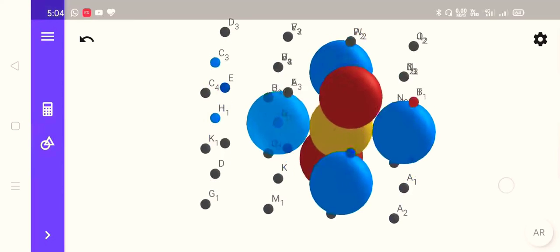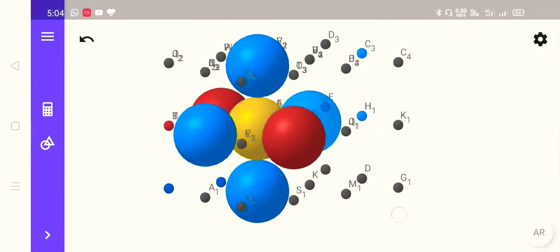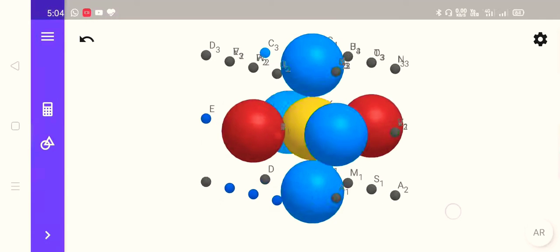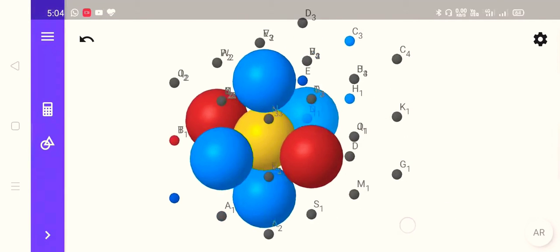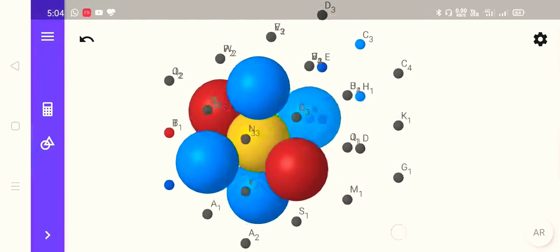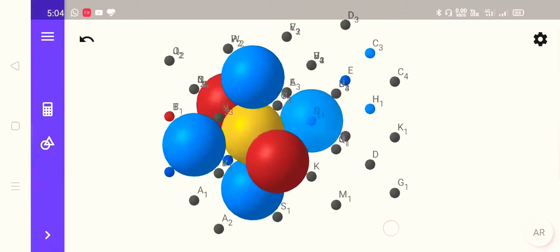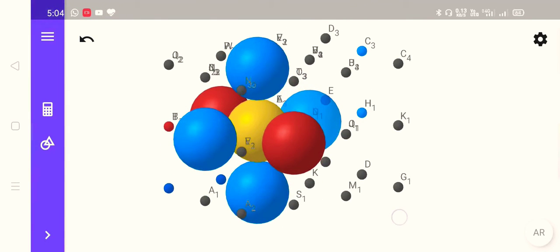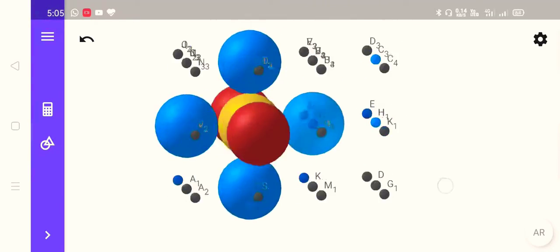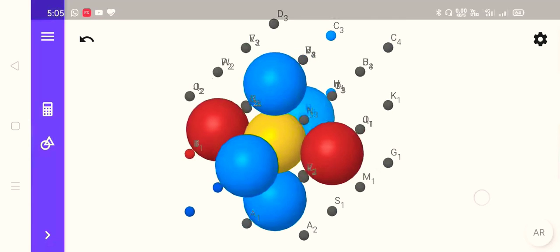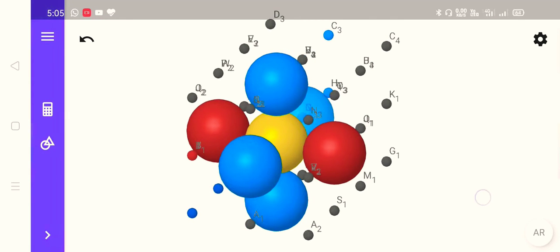So from the front layer we have one sphere, from the back layer we have one sphere, and within the same layer we have 4 spheres in contact with the center sphere. You can count it, we have a total of 6 spheres in contact with one single sphere. That's why the coordination number of this type of cubic close pack structure, or primitive unit cell type structure, will be 6.